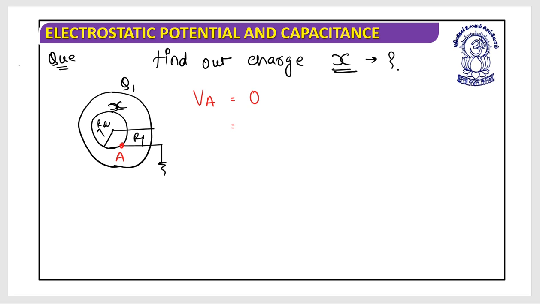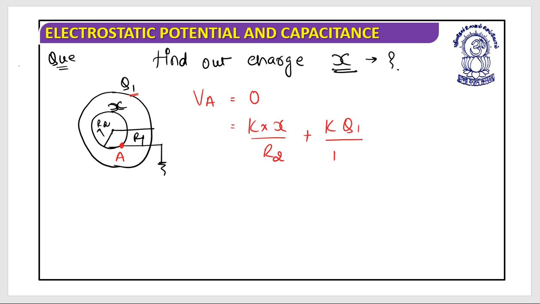But what would its value be? This is K multiplied by X divided by R2 plus K Q1 divided by, for Q1, point A is inside the body, and when you have a point inside the body, to write down the potential you use the complete surface, that means your complete radius, and your radius is R1.